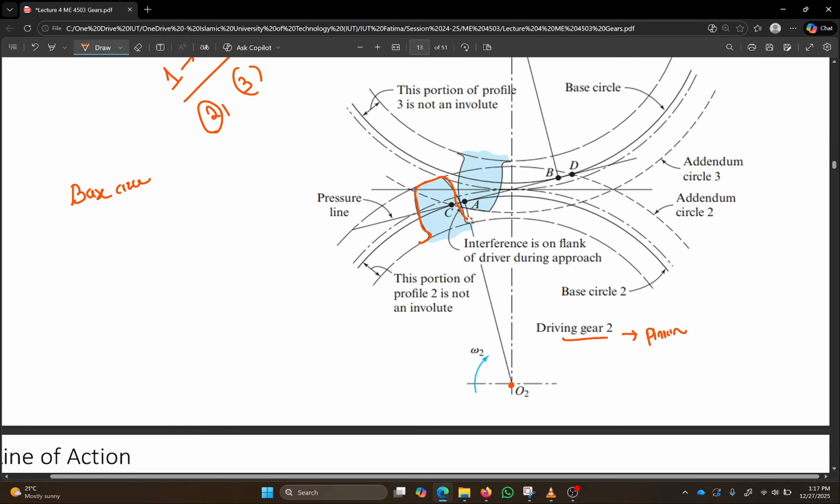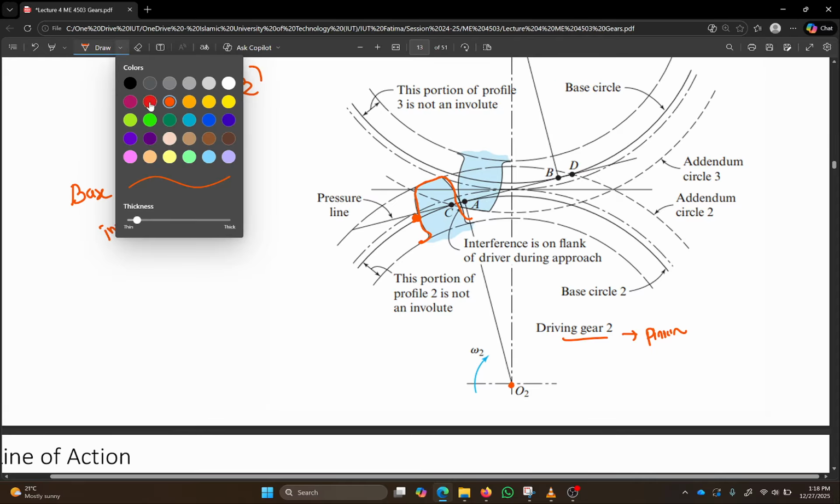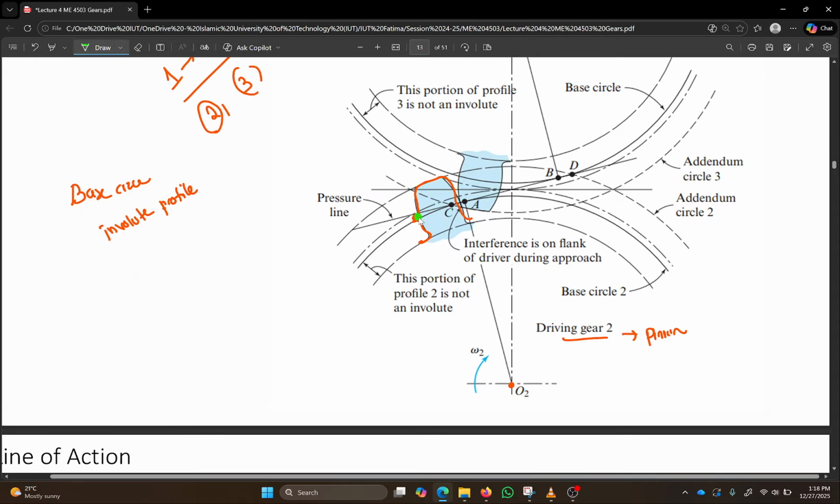gear teeth can have different shapes. Now, there's a very special shape called the involute profile. This shape doesn't start from the base of the tooth. This involute profile starts somewhere on the tooth. So if this is your tooth, this is where the involute profile starts, and this whole shape of the tooth is involute.